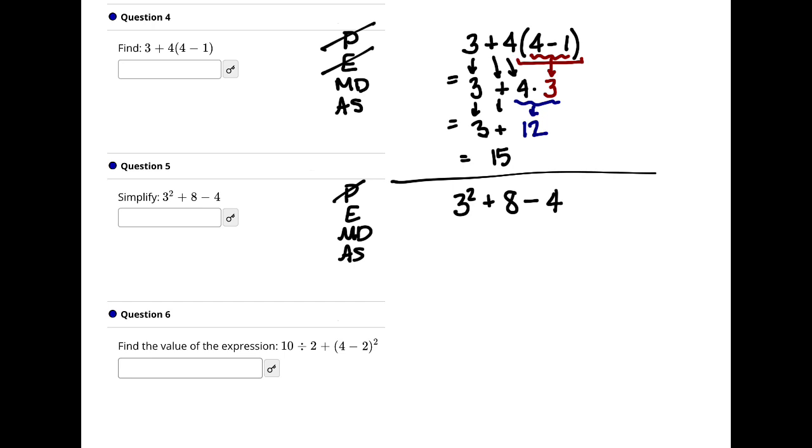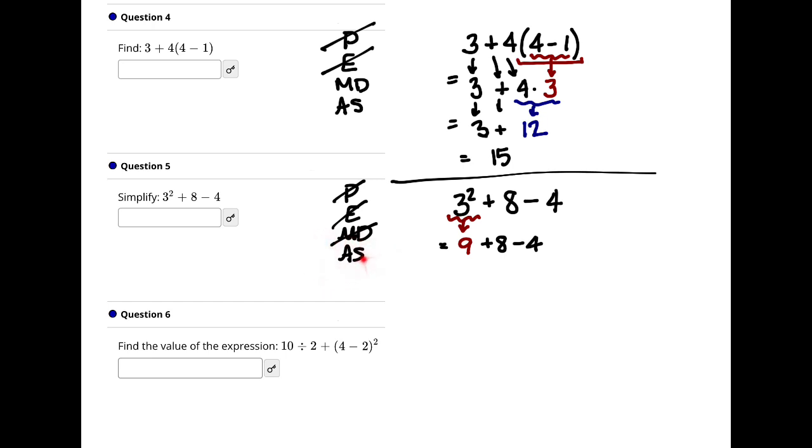So doing that part first, we get 3 squared turns into 9, because it means 2 3's multiplied together. Bring down everything we haven't done, and cross off exponents. We don't have multiply or divide, so we're done there.